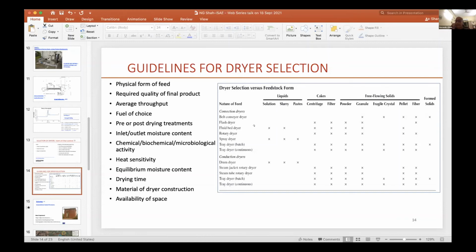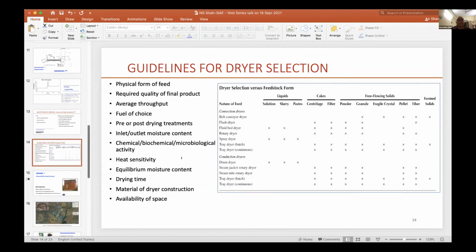In drying, one of the important things is energy use, so you want a specific energy consumption which is lower. I have just taken it from A.S. Mujumdar's dryer handbook.